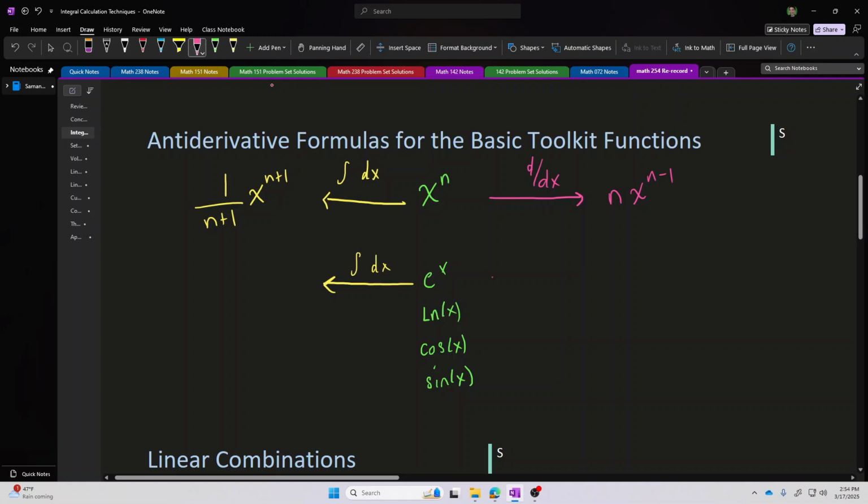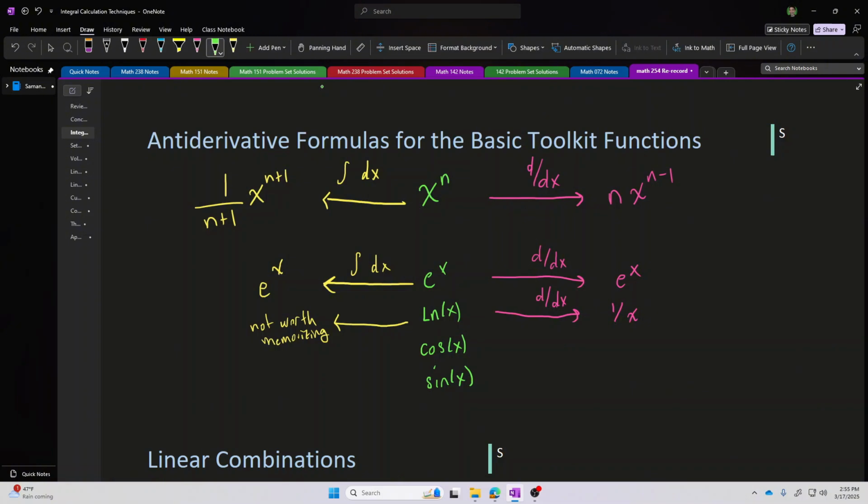So if the derivative of the exponential is the exponential, then the antiderivative is the exponential as well. Now, the natural log function, when you take its derivative, becomes 1 over x. The antiderivative is a little bit more complicated and typically not worth memorizing. However, if we start with the function 1 over x and we want to find the antiderivative of that, the antiderivative of 1 over x is the natural log absolute value of x.